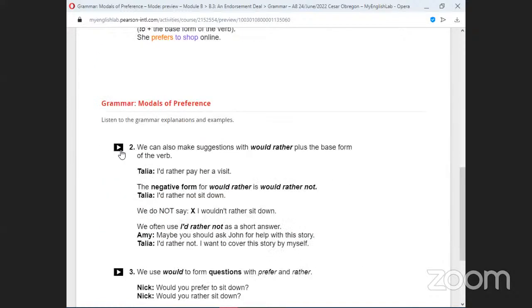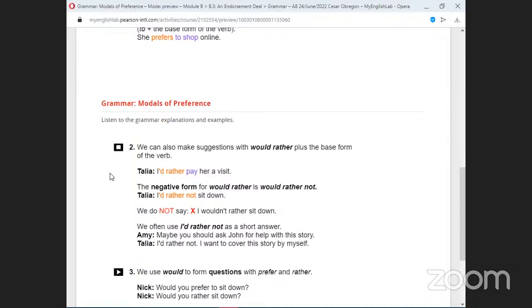Number two. We can also make suggestions with would rather plus the base form of the verb. I'd rather pay her a visit. The negative form for would rather is would rather not. I'd rather not sit down. We often use I'd rather not as a short answer.